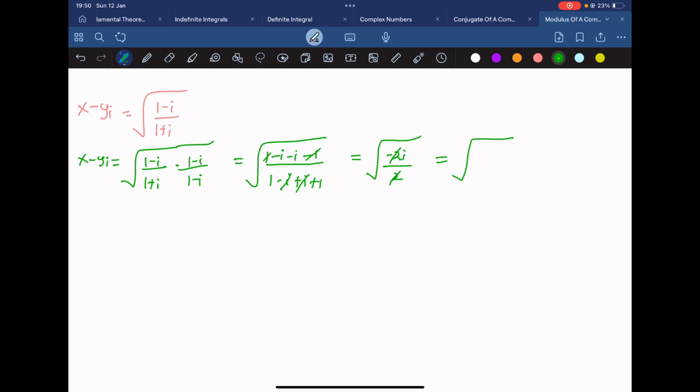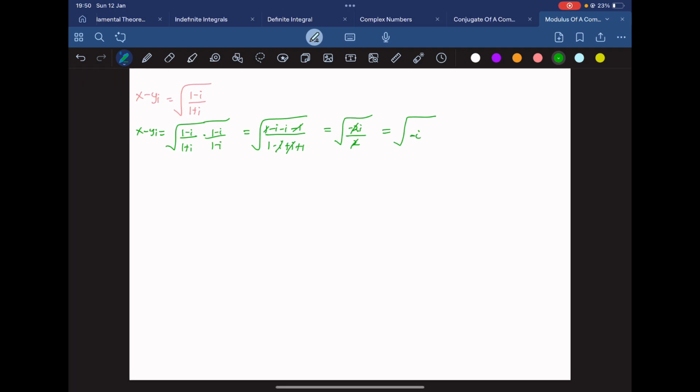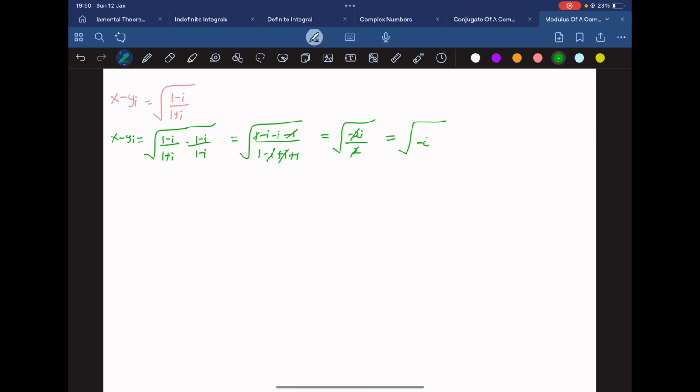Then minus i. Okay, so now this is just the square root of minus i. And what is the square root of minus i?